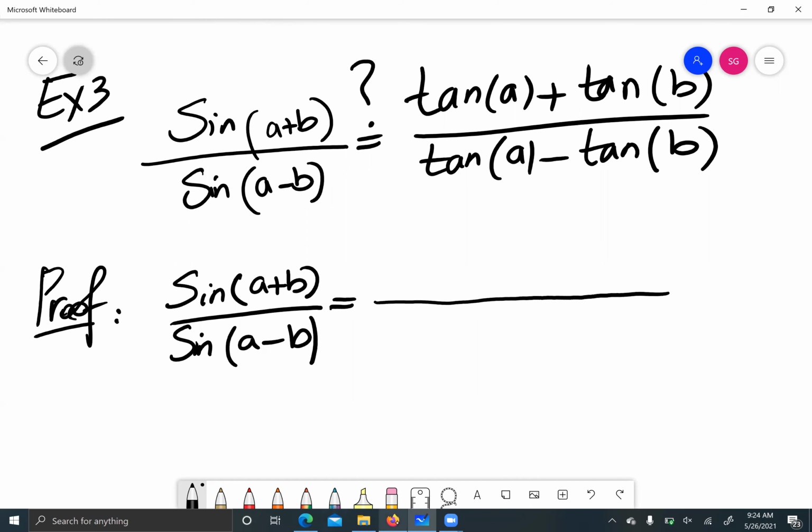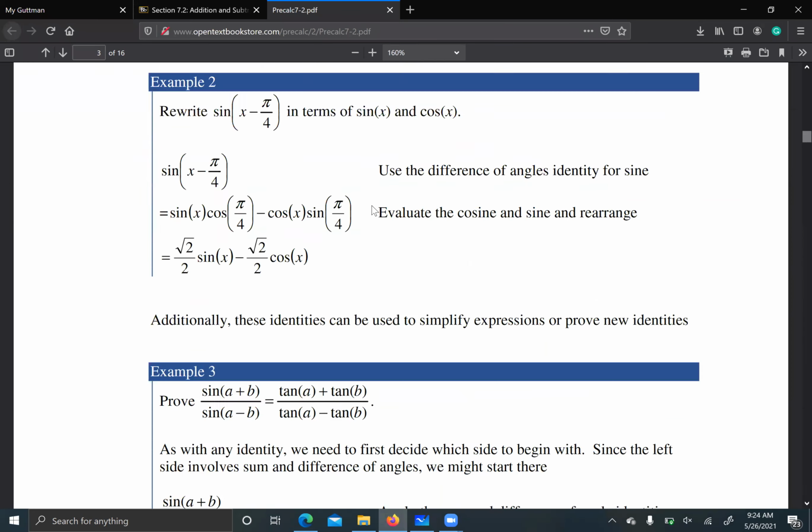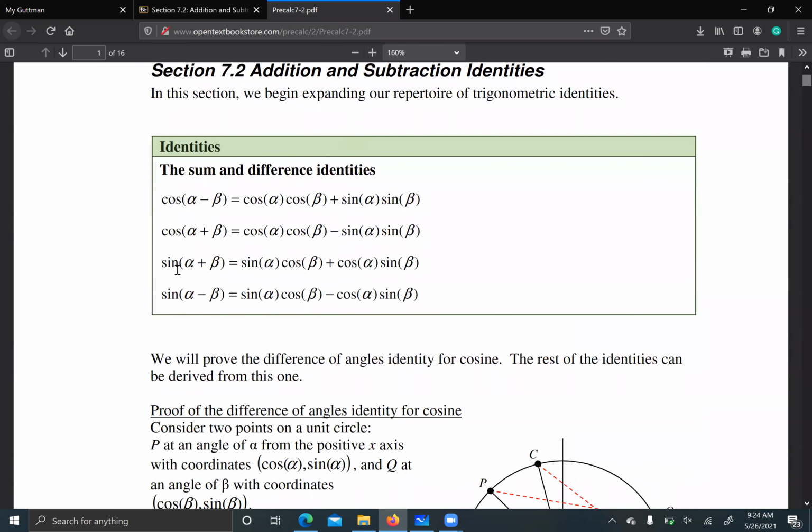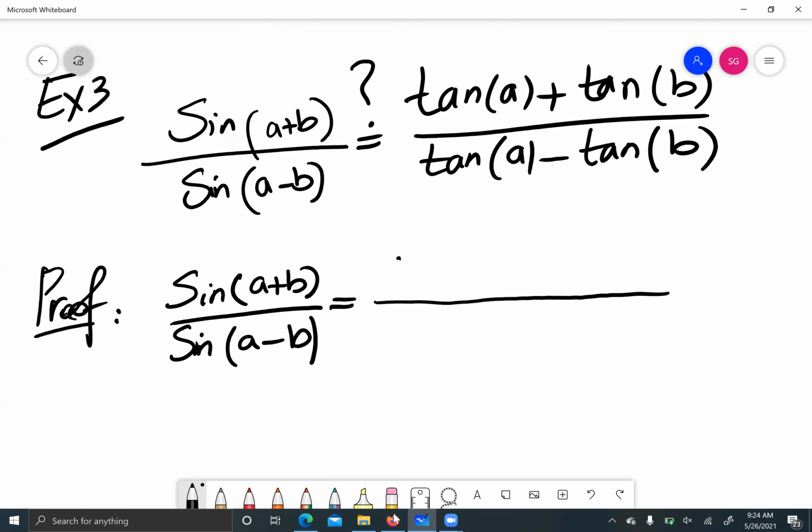So look, what was the sum and difference identity for sine? When you have the summation of two angles, it's going to be sine of the first times cosine of the second plus cosine of the first times sine of the second angle.